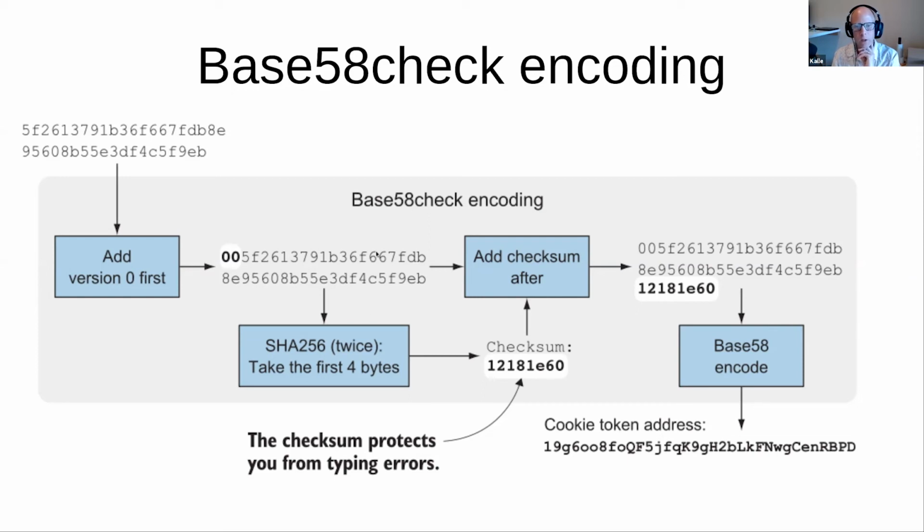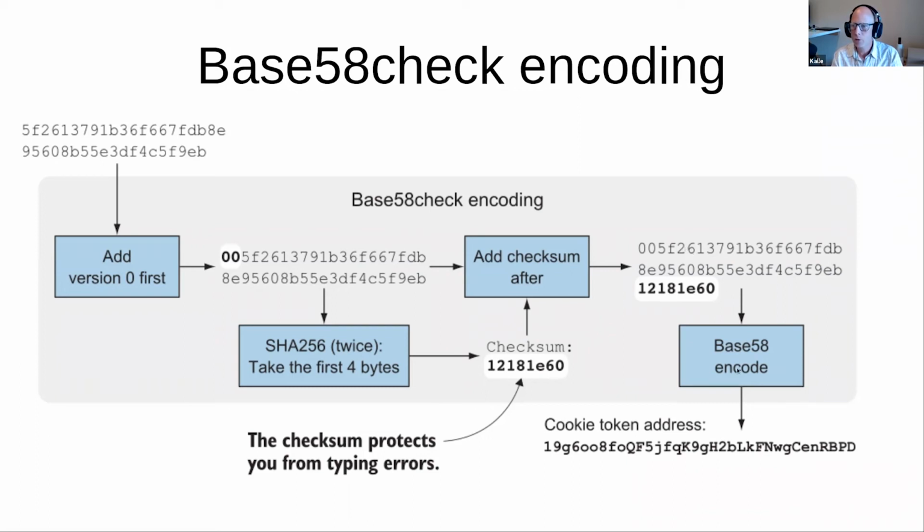So we have now a versioned public key hash, and then you hash this versioned public key hash and take the first bytes, which will act as a checksum. And then you add this checksum at the end of the data here to get this versioned and checksummed public key hash.